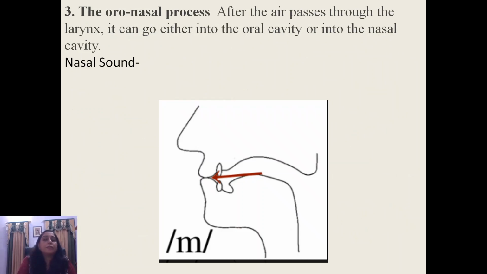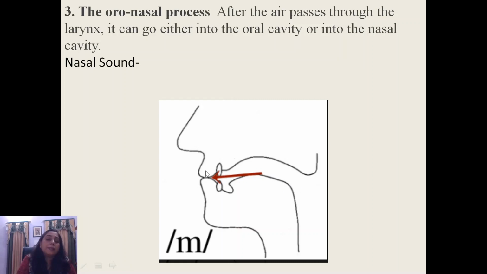The oronasal process. So when the air escapes through the glottis, it is going to pass either through the oral cavity or through the nasal cavity. When the sounds are created using the oral cavity, those sounds are called oral sounds.